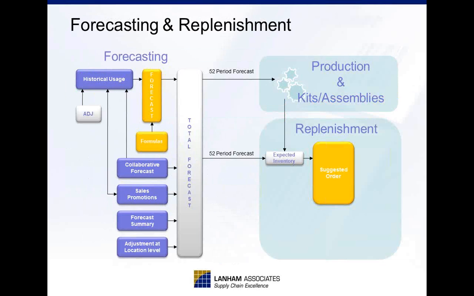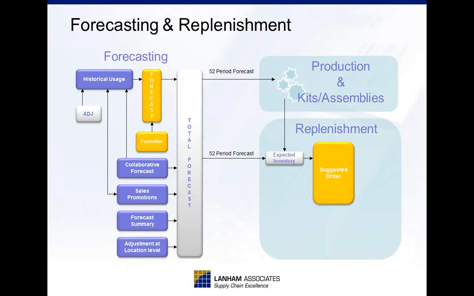So what AFP does next is it pushes that demand or that forecast of the components down to what's called the suggested order. At the same time, it pushes the demand of what is the requirements of anything that I need to buy. What products do I need to purchase and bring in? So we create what's called a suggested order.